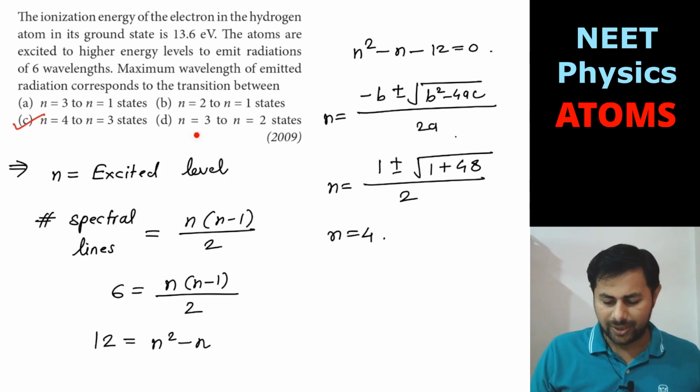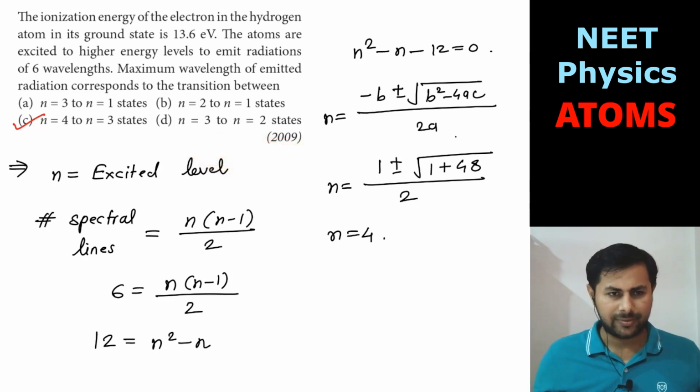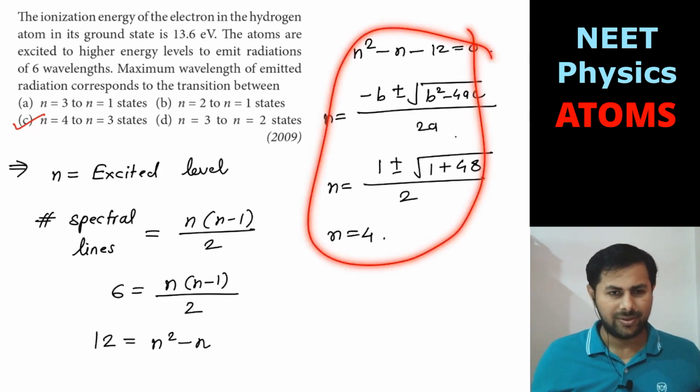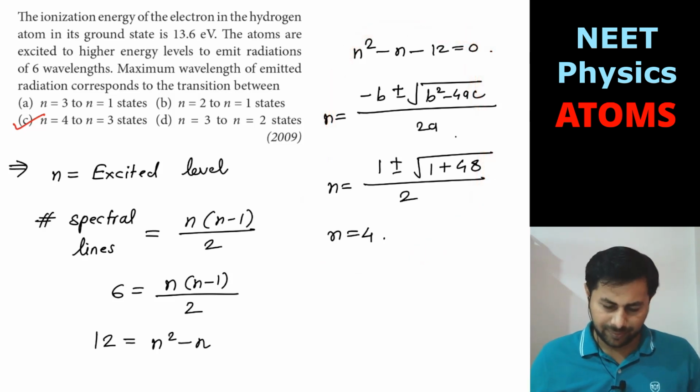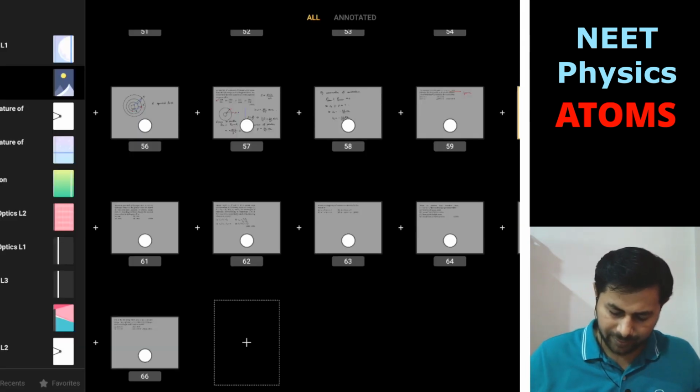If in some option it's n equals 8 to n equals 7, then that would be your answer. So ideally you need to check this.